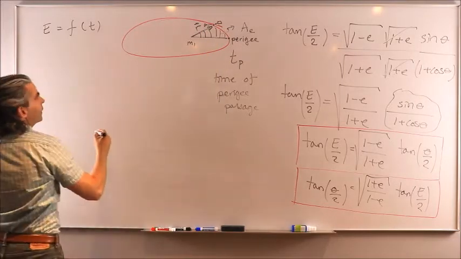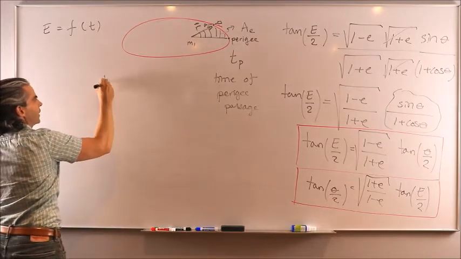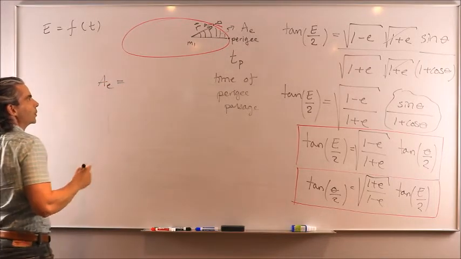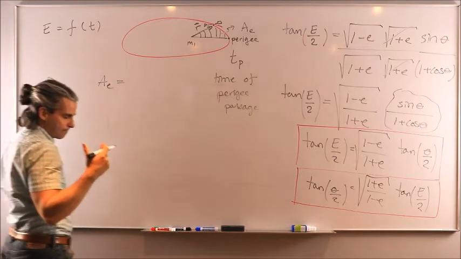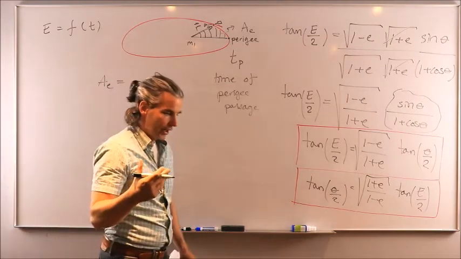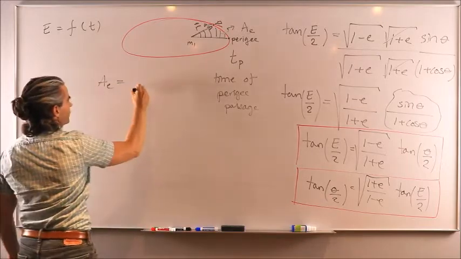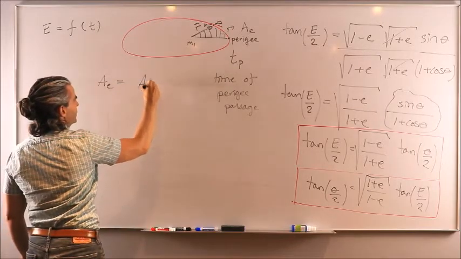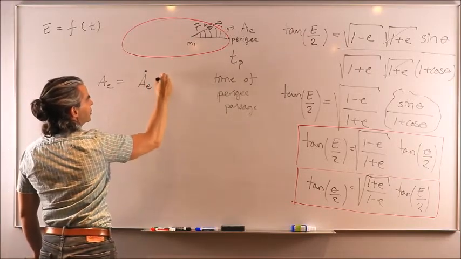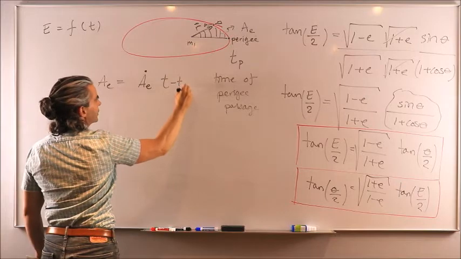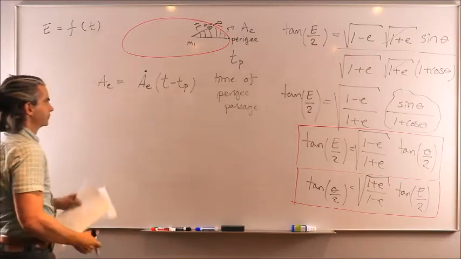Okay? So AE, just based on what I just said, will be equal to the rate at which the area is being swept, if you will. So this is AE dot times the time interval, which is T minus TP. Okay?